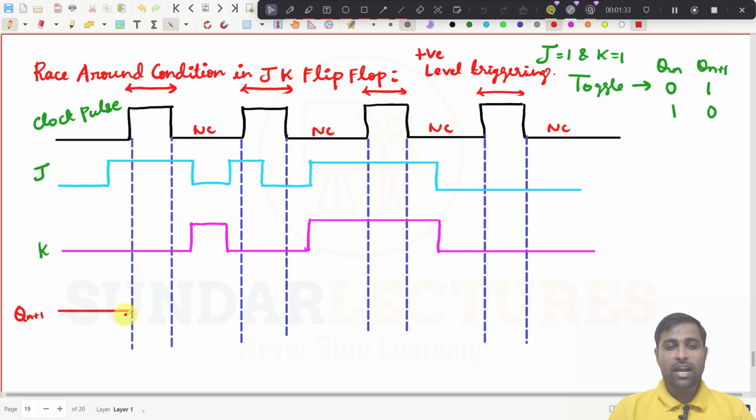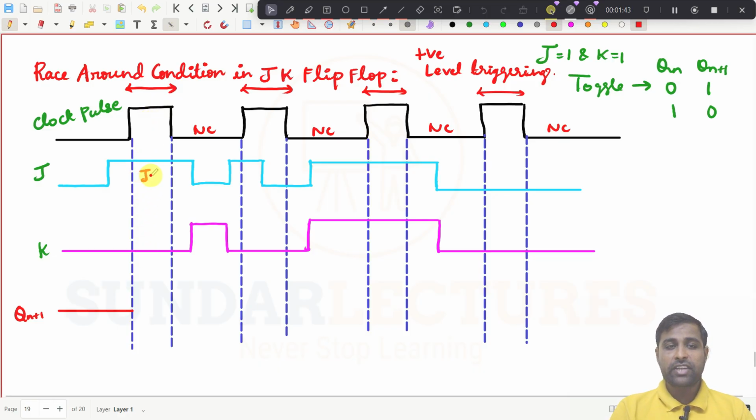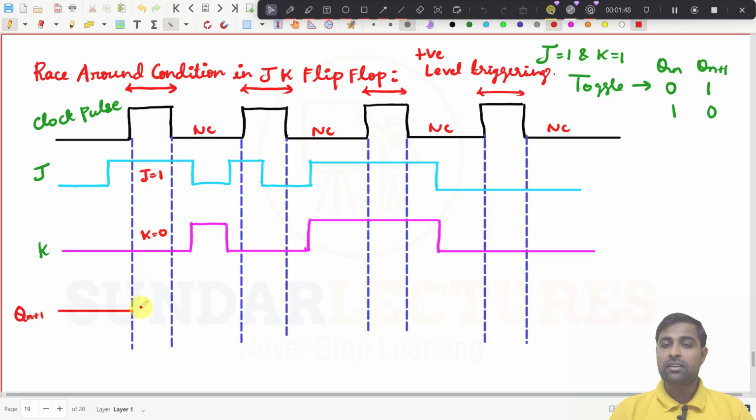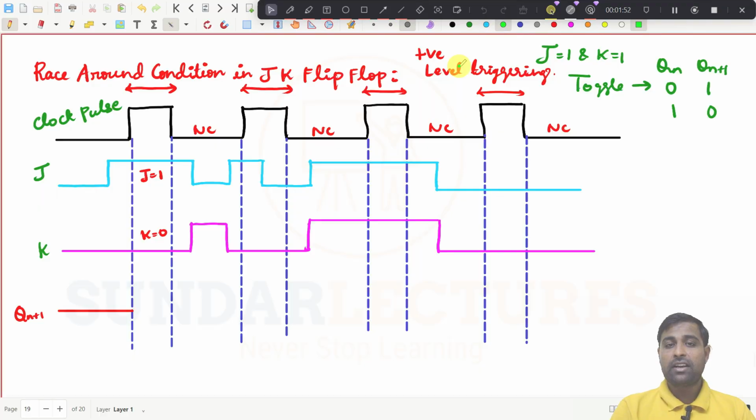Right? So up to this one we have seen, and here there is a positive level. So it will check the J and K values. Here J is equal to 1 and K is equal to 0. What is this condition? It is a set condition, right? So if it is a set condition, the output should go to 1.